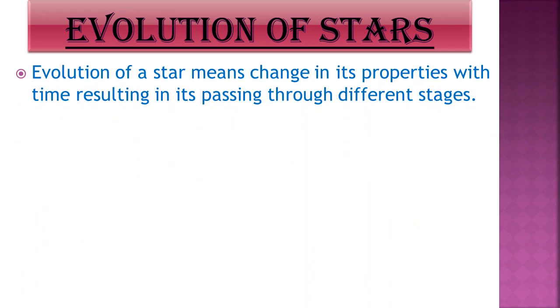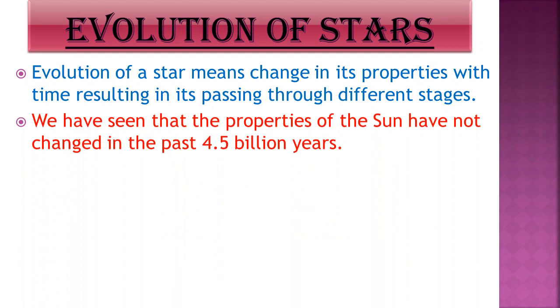Students, evolution of a star means change in its properties with time, resulting in its passing through different stages. We have seen that the properties of the sun have not changed in the past 4.5 billion years, and the properties of the sun will be the same for this period of time. Stars evolve very slowly for most of their lifetime.